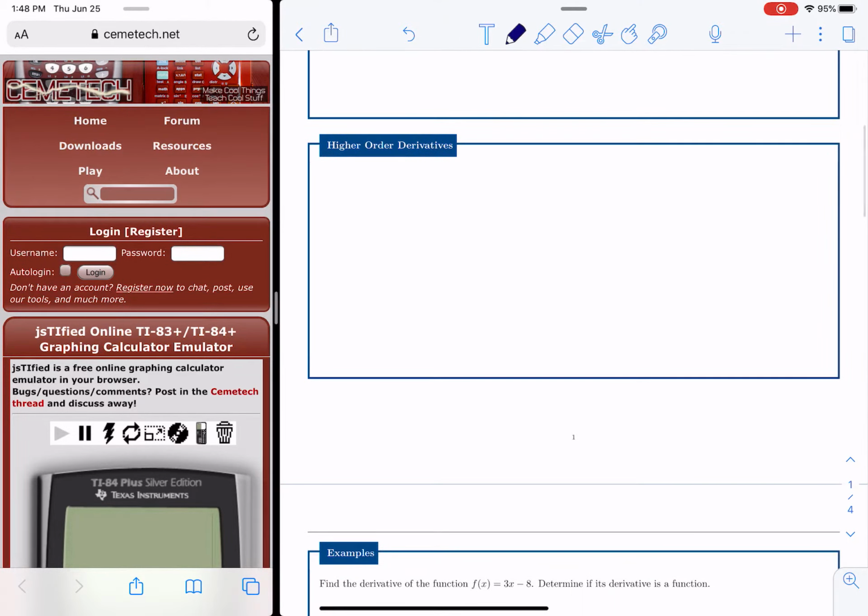So what are higher order derivatives? Now we know y prime is dy over dx, which is f prime of x, where we have y equals f of x. Y is the dependent variable and x is the independent variable. This is what we call the first derivative of f of x, or y. Now, y double prime is d squared y over dx squared.